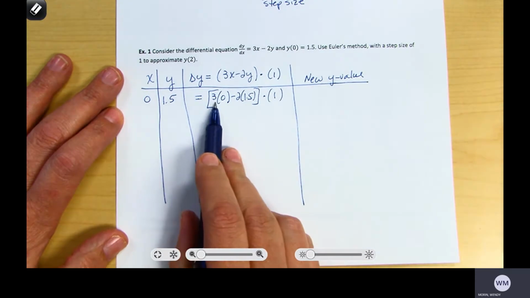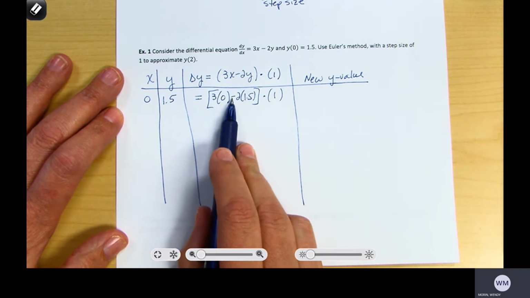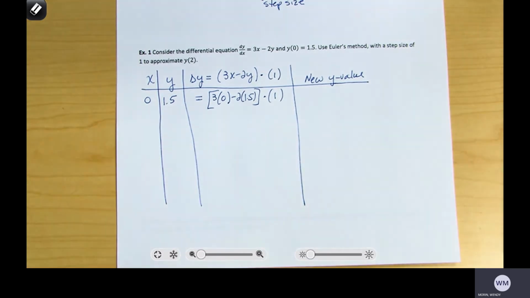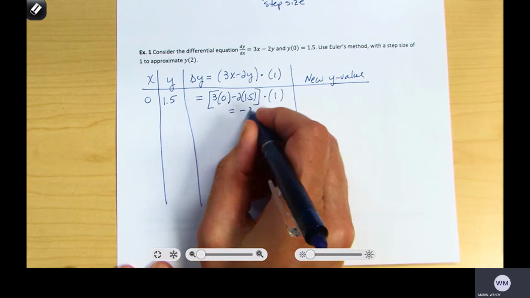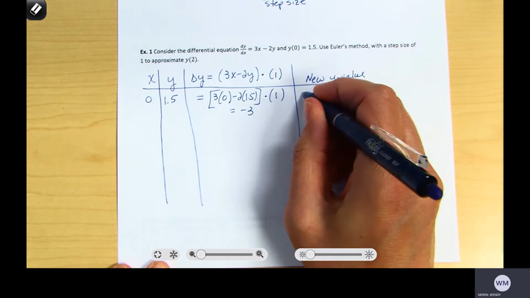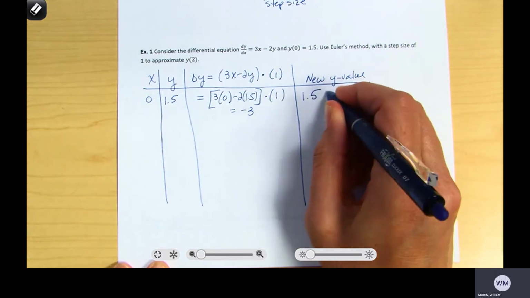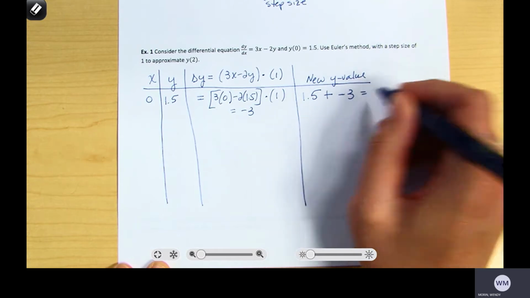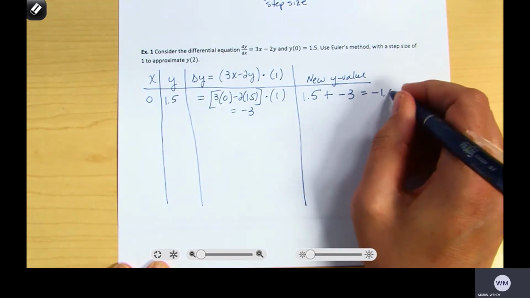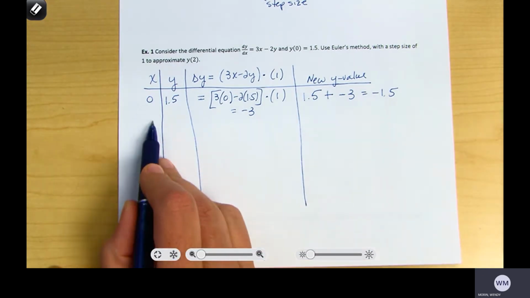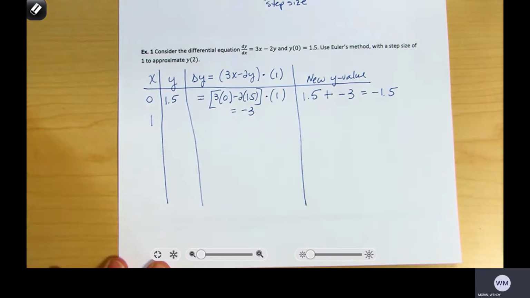So when we calculate this, we get 0 minus 2 times 1.5. That equals negative 3. So our change in y is negative 3. So if you start out at 1.5 and you add negative 3, your new y value is going to be negative 1.5. So that's the next y value for your step, in this case a step of 1.